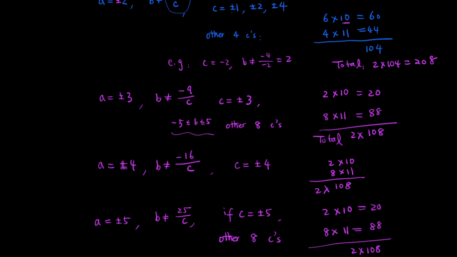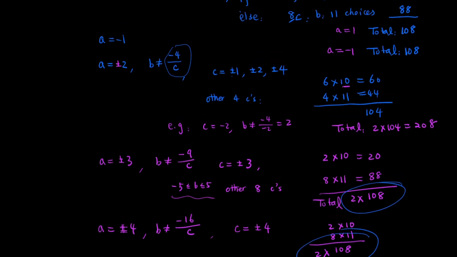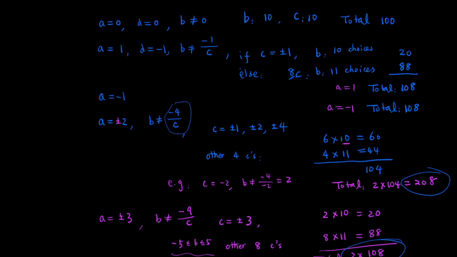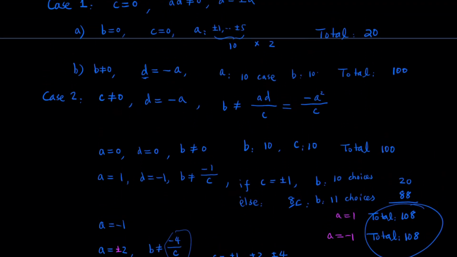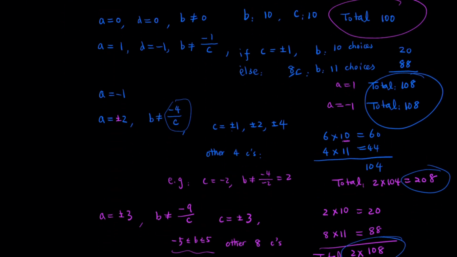Right? So let's count all the cases. We have this one, and for the 4 we have this one and this, and we have here, and A equal negative 1, positive 1, we have these 2, right? And then A equals 0, we have 100. Okay, so let's count.